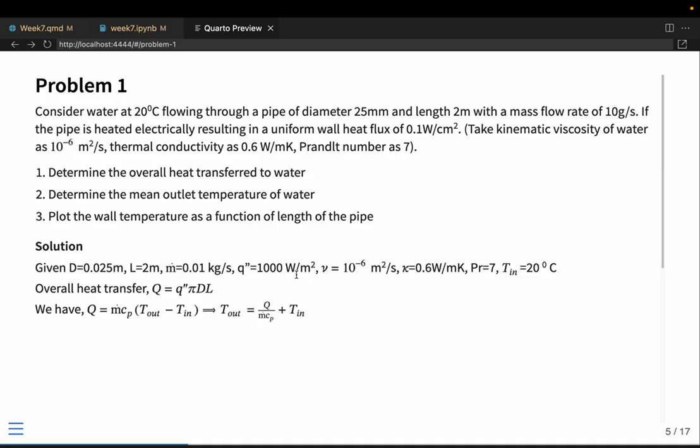It's 4.182 kilojoule per kg Kelvin or 4186 joule per kg Kelvin. You can substitute that and then you'll be able to find the outlet temperature.